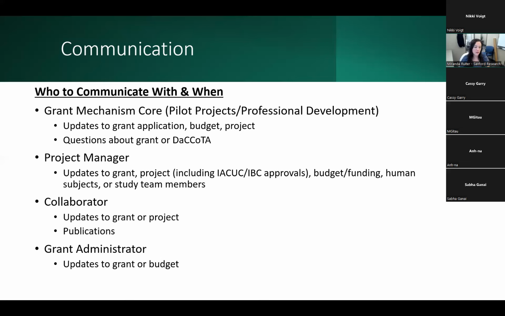They are very helpful in terms of getting your grant all put together and submitted, and then assisting with any budgets. Likely you will have to go through your grants office at whatever institution you are submitting through. So they should be communicated with and kept up to date as you're working on that process.